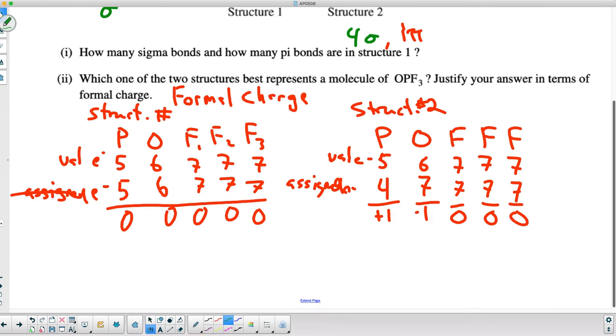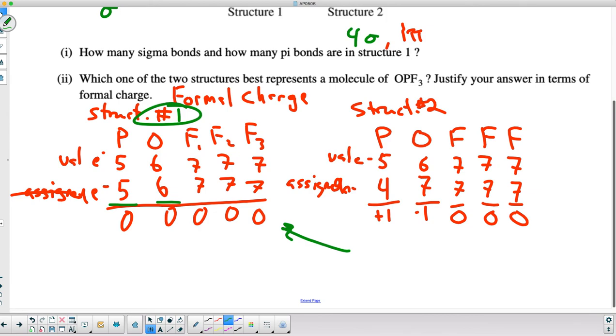Clearly, the one where the number of valence electrons and the assigned electrons are the same is the better structure, because that is the natural state of that element. If I assign electrons and it's the same number as the valence electrons, that's a stable situation. So here I have 0 and 0 for oxygen and phosphorus, which makes structure number 1 the better choice.